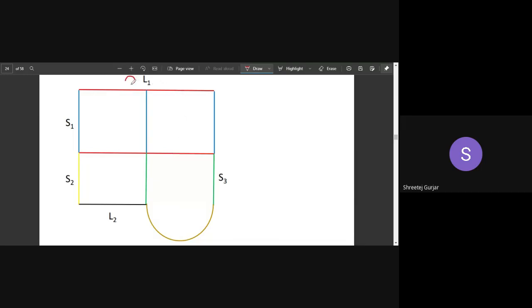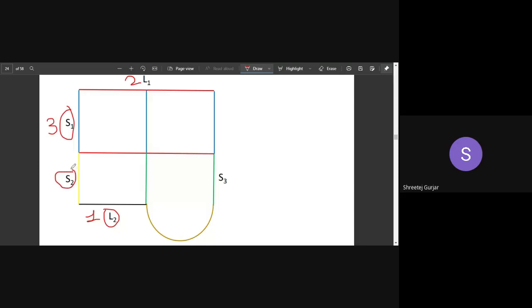Coming to L2, I have marked it in dark black, and this is only 1 in number. And coming to S1, represented in blue, you can see 3 in number: 1, 2, and 3.